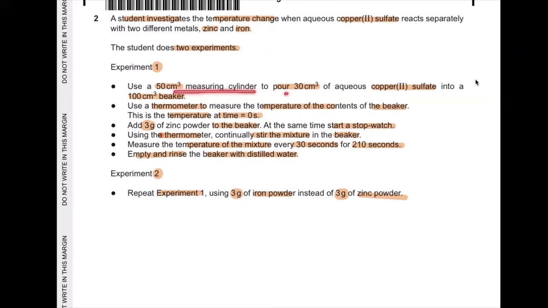Use a thermometer to measure the temperature of the contents of the beaker. This is the temperature at time zero. Then 3 gram of zinc powder is added to a beaker. At the same time, start a stopwatch. Using a thermometer, continuously stir the mixture in the beaker. Record the temperature of the mixture every 30 seconds for 210 seconds. Empty and rinse the beaker.